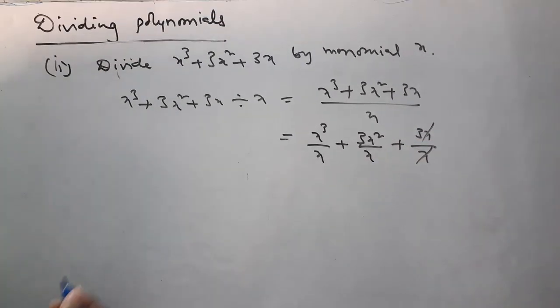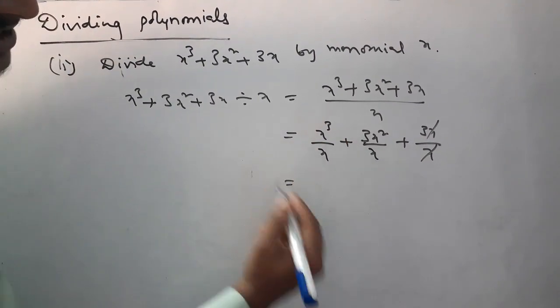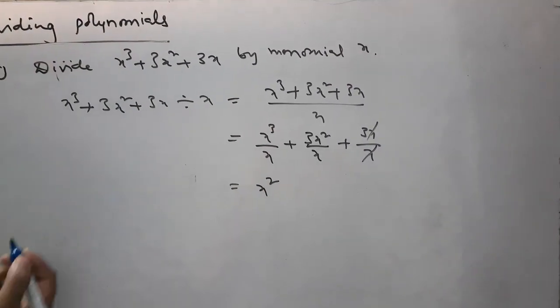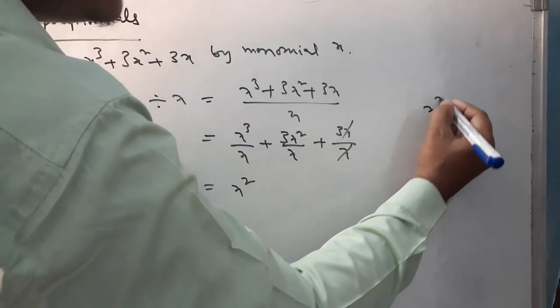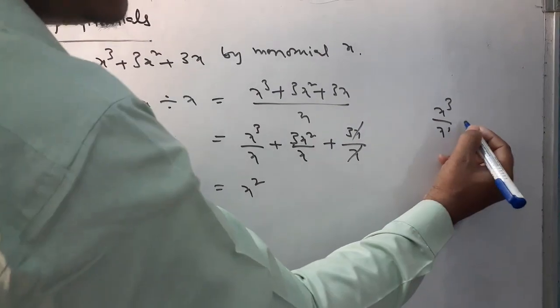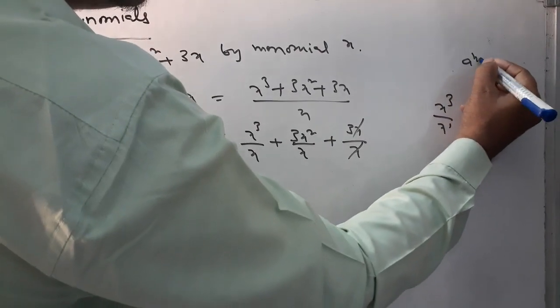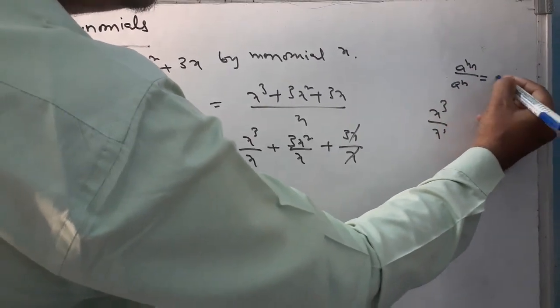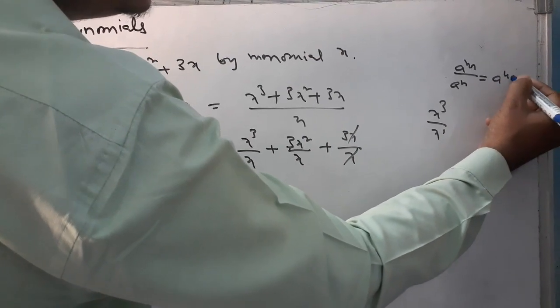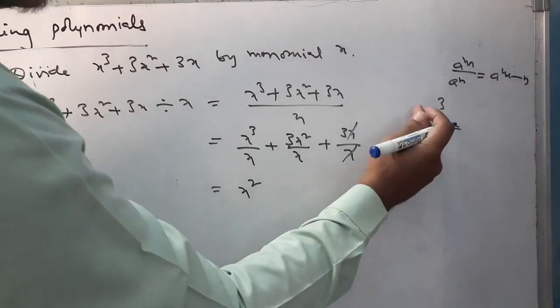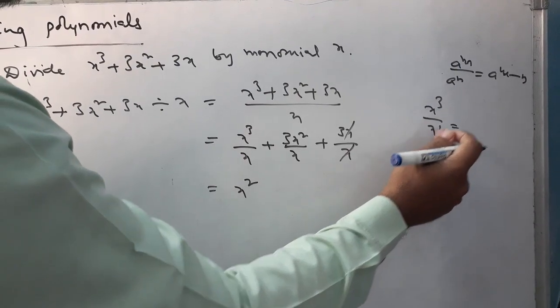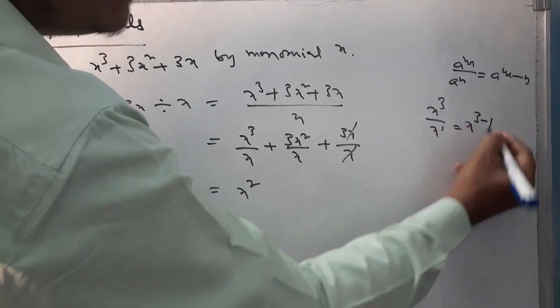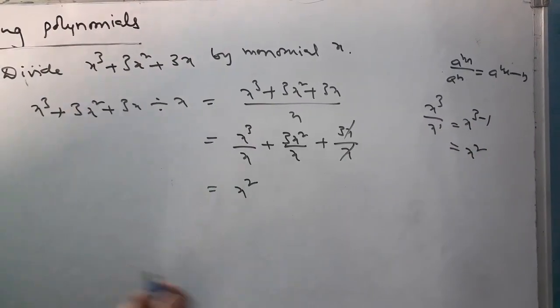Here x will be cancelled. x cube by x we can write as x square. That is x cube by x to the power 1. We can use the formula a to the power m by a to the power n is equal to a to the power m minus n. That is x to the power 3 minus 1, which is x square.